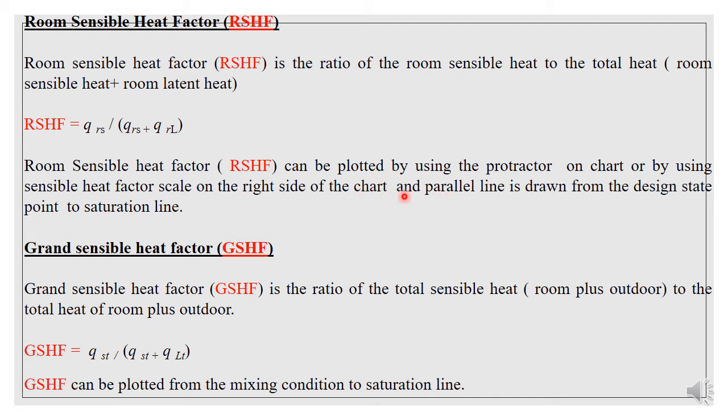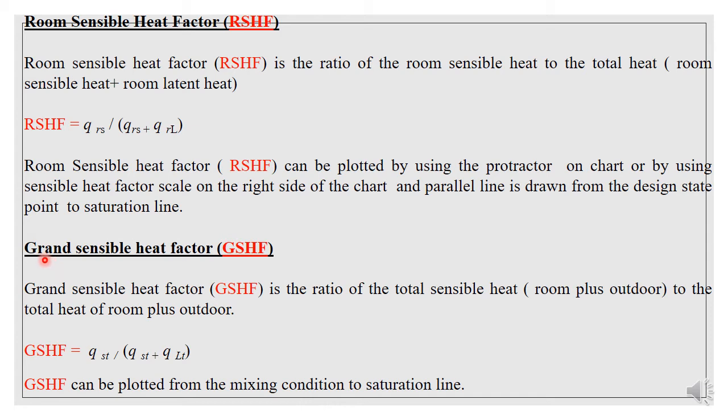And after drawing on the factor scale, then you can transfer the line later by using a parallel line to the room condition point. Okay, I'm going to show you step by step after this.